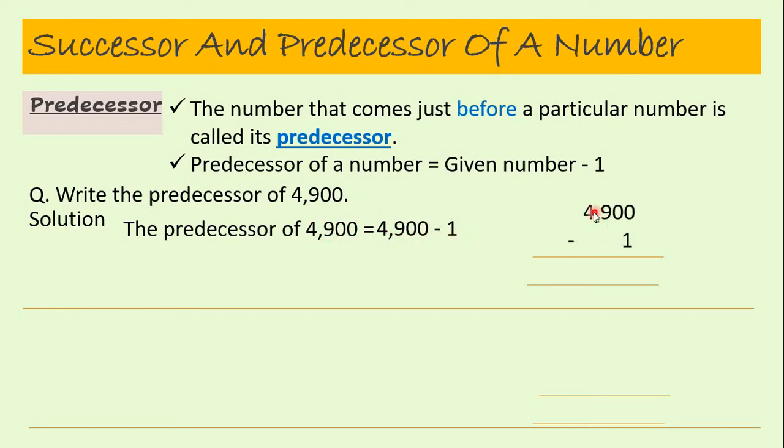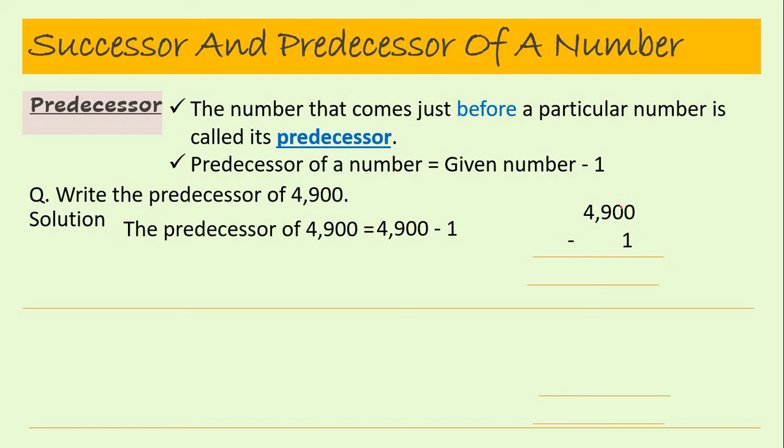Now we will subtract 4900 less 1. Place 1 at 1's place. You remember. 1 is 1 digit number. So we need to place that below 1's place. Now we will subtract. See, 0 less 1 is not possible. So we need to borrow. So the next place is also 0. So how we can borrow?